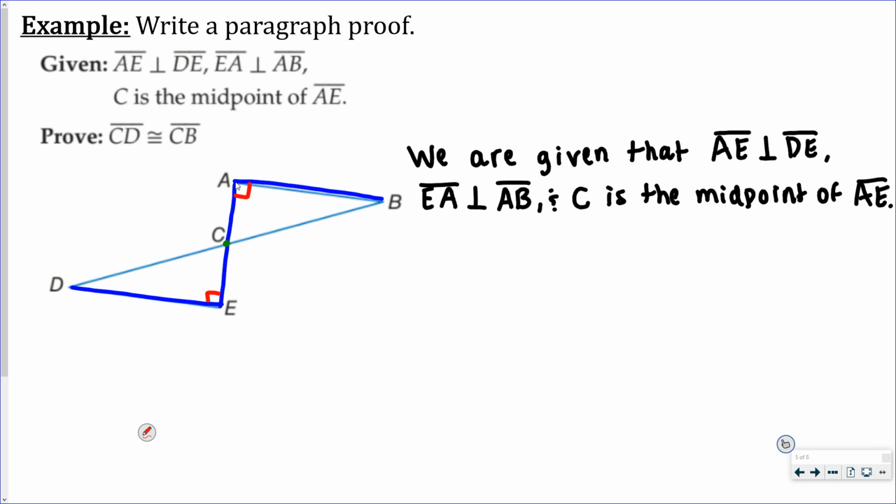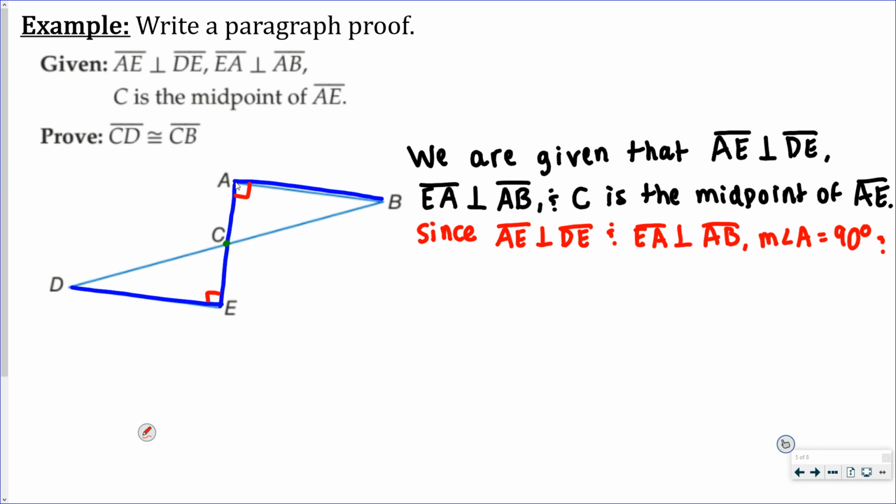Now, as I mentioned, they technically shouldn't have drawn in these right angles for us, because that is something we do have to state. Since, and we can do both of them at once, since AE is perpendicular to DE and EA is perpendicular to AB, I know that the measure of angle A is going to be 90 degrees, and the measure of angle E is also going to be 90 degrees.